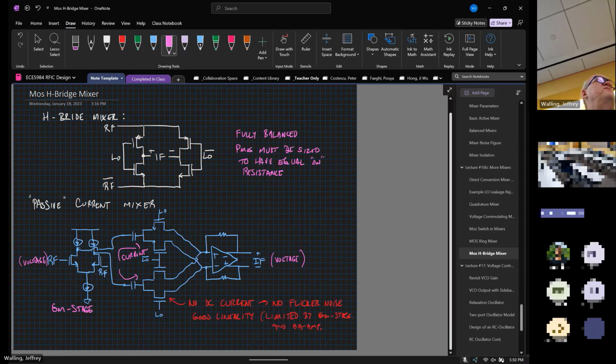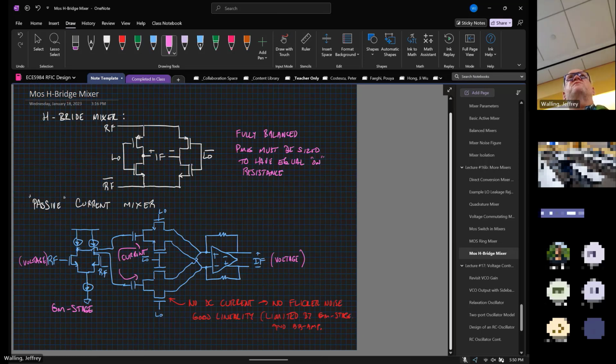That could be a low noise stage if we wanted to design it like a low noise amplifier. We send the current into this H-bridge style mixer and then have some baseband amplification that follows. Now, the big benefit to this particular circuit is that these transistors are purely commutating switches.